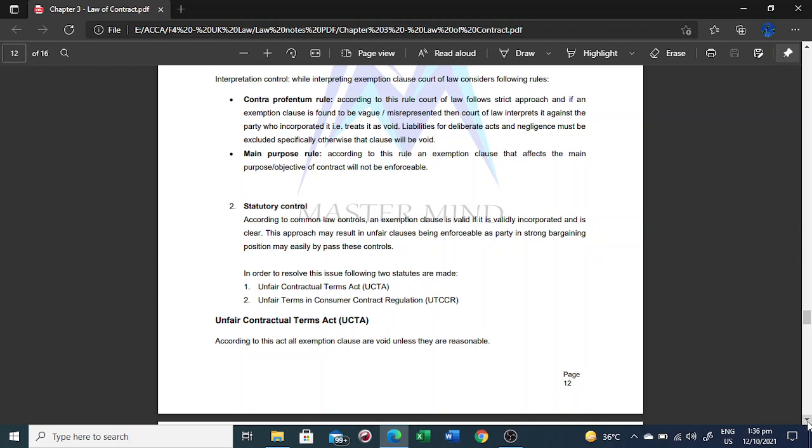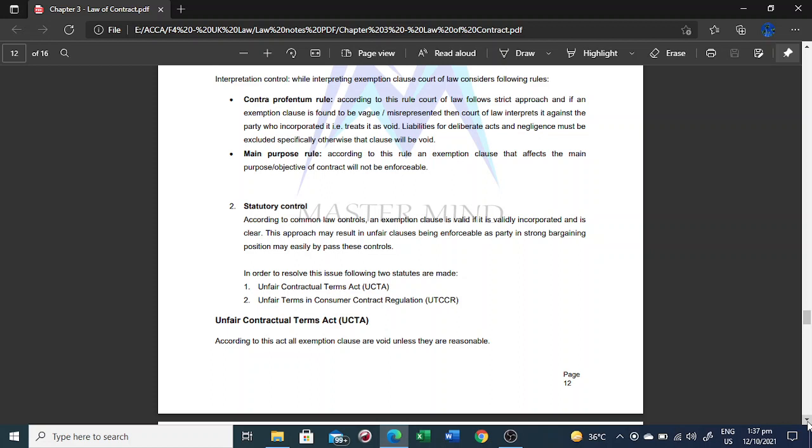Definitely the party who has included this exemption clause in the contract would want to increase the liability of the other party and decrease their own liability, which is why they're probably doing it, right? So going against them means that you're actually treating this exemption clause as void, so that whatever their main purpose was, now that main purpose has been considered to be vague and cannot be fulfilled.